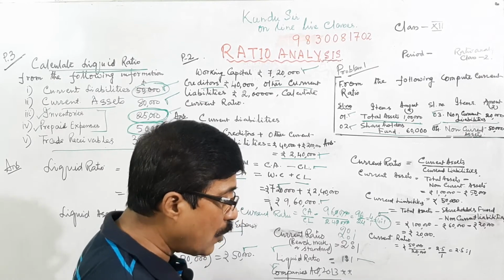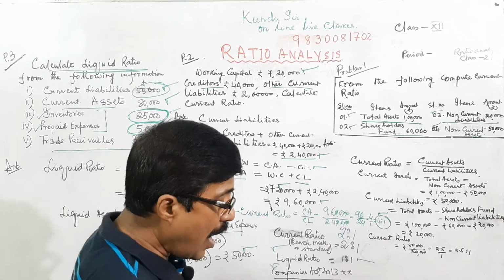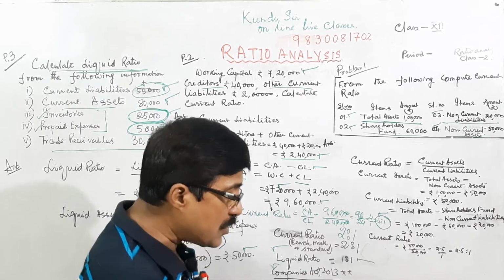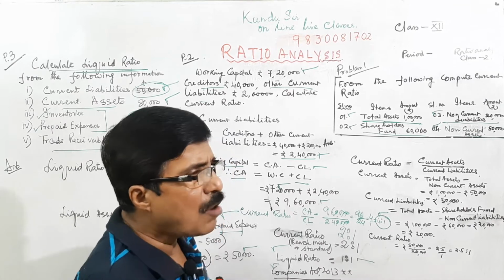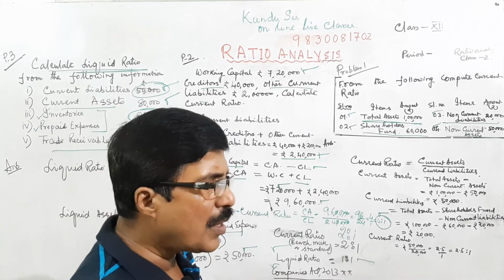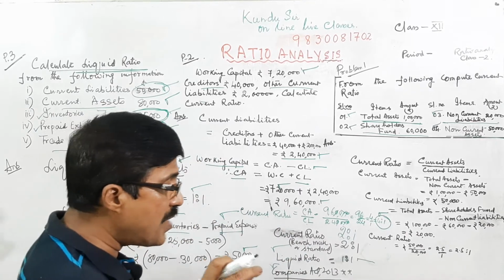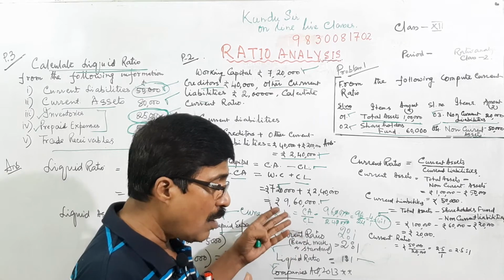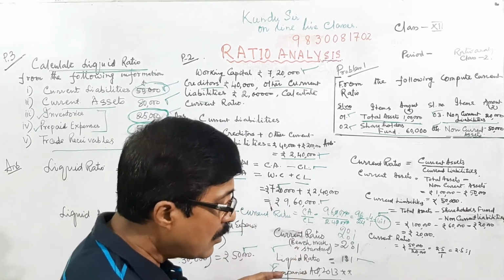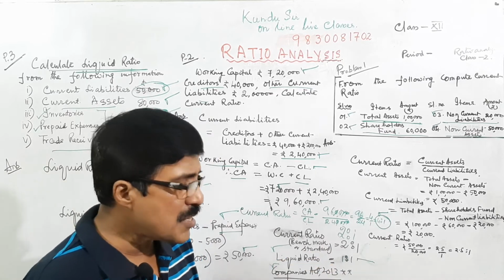It is to be settled within 12 months, and the company does not have an unconditional right to defer it. There are 4 criteria for current liabilities. First, it will be settled in the normal course of the operation of the business.